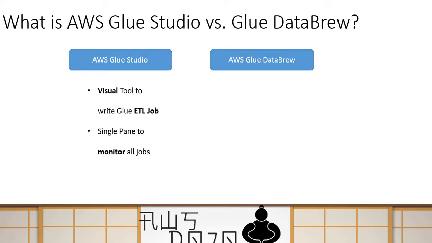Plus, it also provides you a single pane view of your job parameters, so you can monitor your jobs from a single screen. So three key points with Glue Studio: it's a visual tool, it is used for writing ETL jobs, and it provides monitoring across all the jobs through a single view.